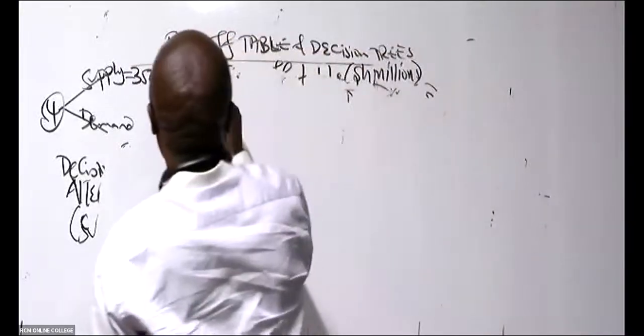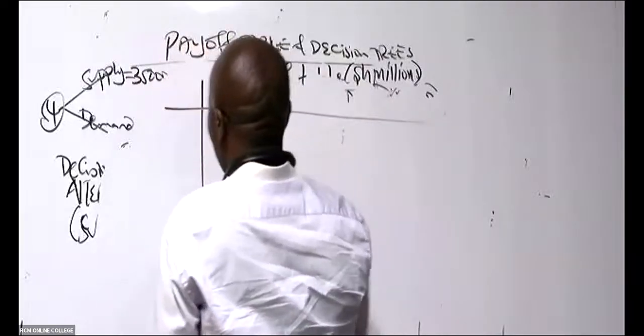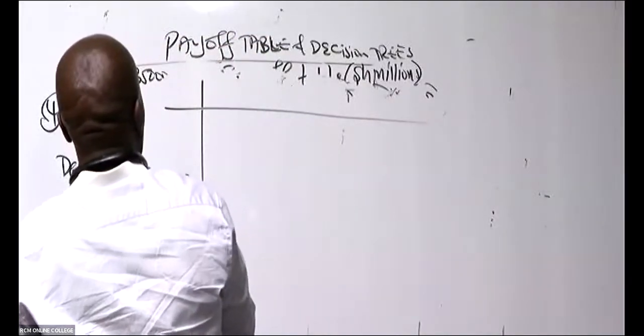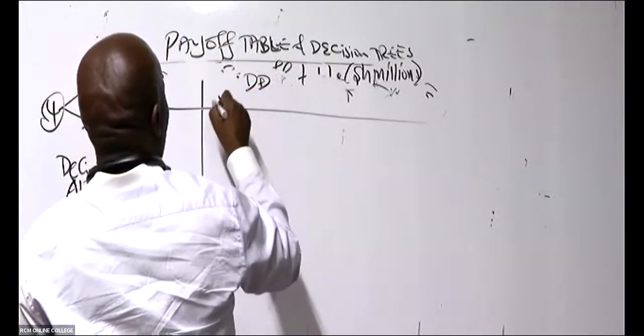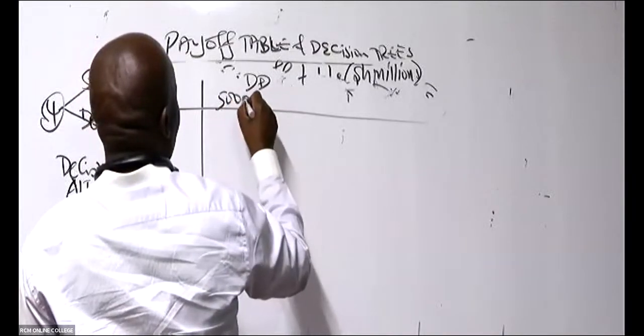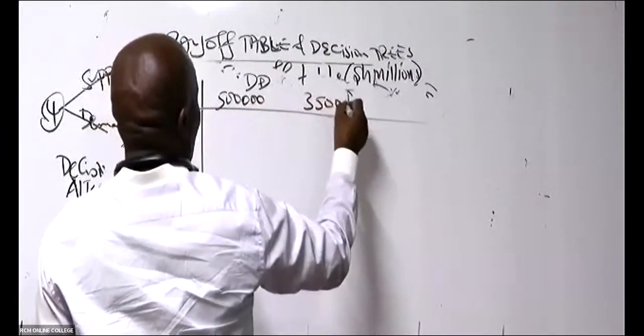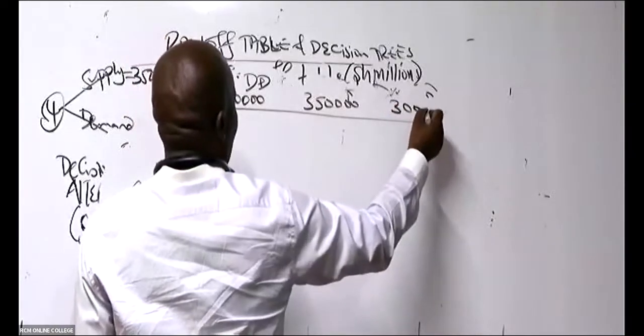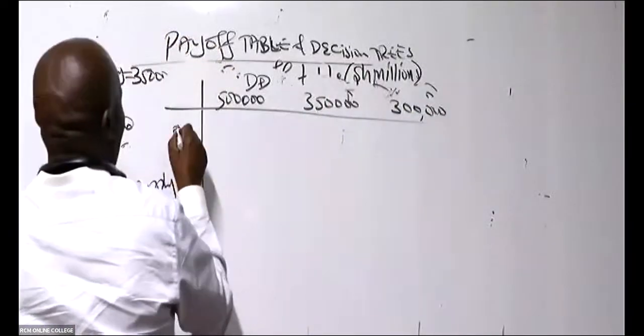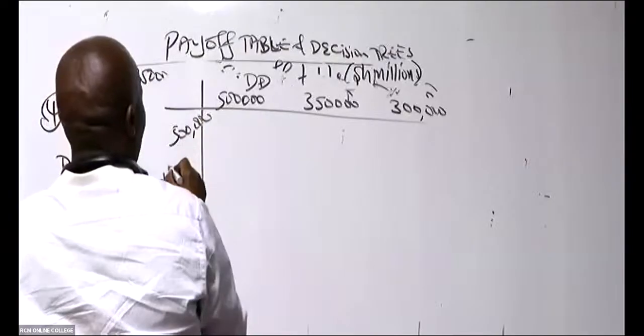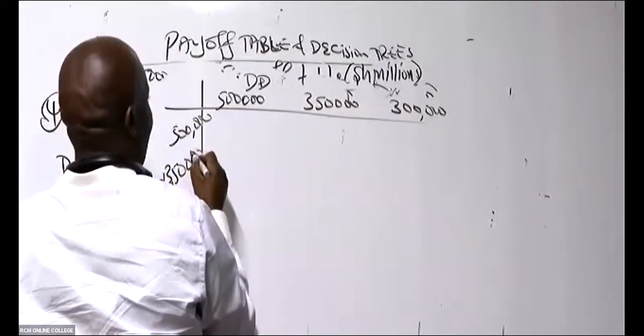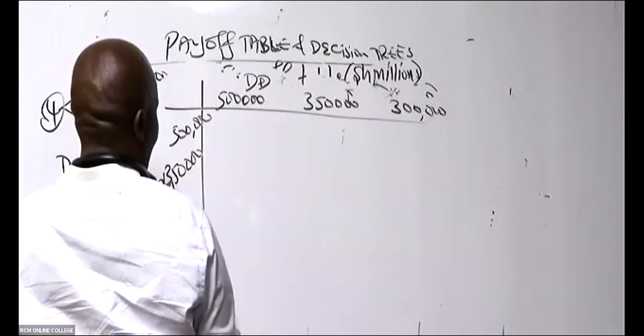Now, ladies and gentlemen, remember this is our table. So we have here supply, we have here demand. 350,000, 300,000. Then we have 500,000, 350,000, 300,000.